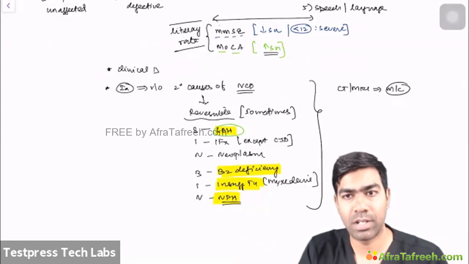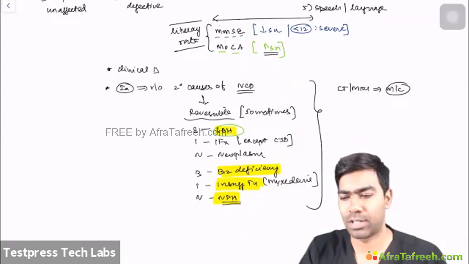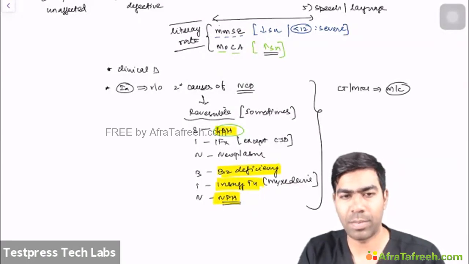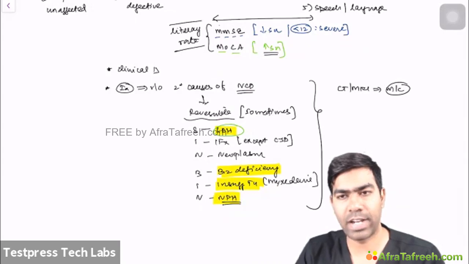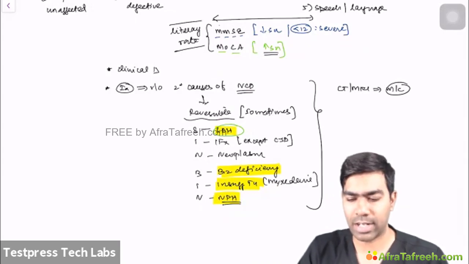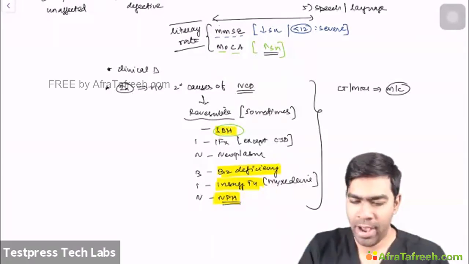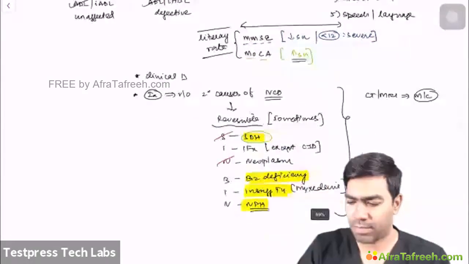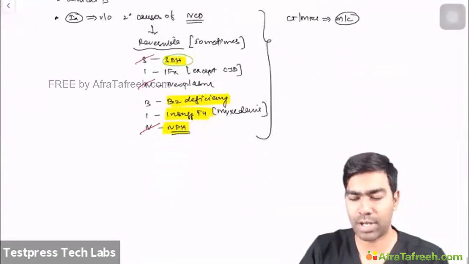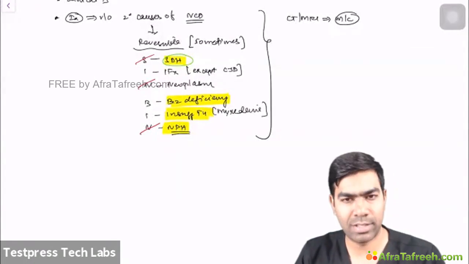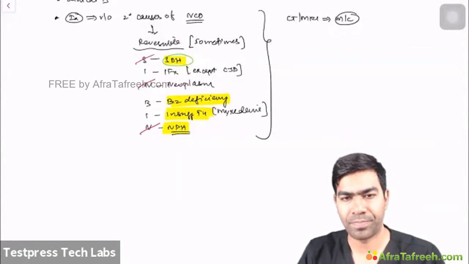So CT and MRI are the most common investigations done for finding out the secondary cause. It can find SDH, it can find tumors, it can find NPH, and sometimes even cortical venous thrombosis could be picked up. So many things you can pick up in CT and MRI.